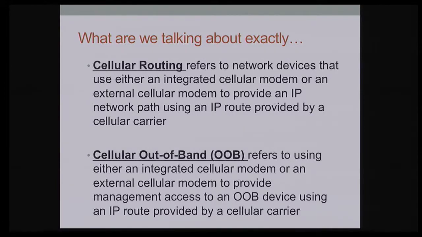Today I'll be talking about two of the applications in the cellular arena. Cellular routing, which is using the cellular interface for routing traffic between sites, and cellular out-of-band, which would be using cellular to get access to a remote site. If there was a network outage, you'd get access to your remote out-of-band management equipment, bring the network up and running. They're two different but similar scenarios.